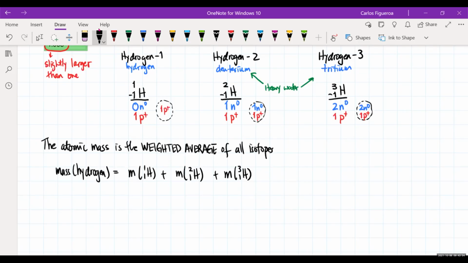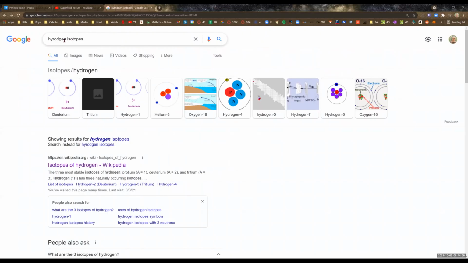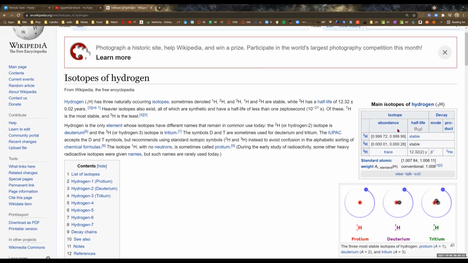But what do I mean by weighted here? So what I'll do is share my screen with you, and this is what I see. I just typed in a search, hydrogen isotopes. And if you click on the isotopes of hydrogen, I'm really interested in this table right here.